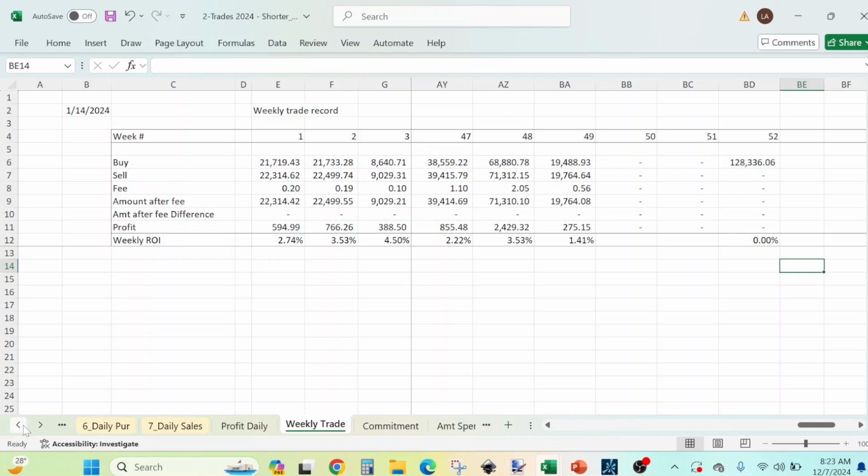It is tracking the purchase in relation to the stocks that we sold. Not just the purchase of the week, but the purchase in relation to what we sold. Interesting.